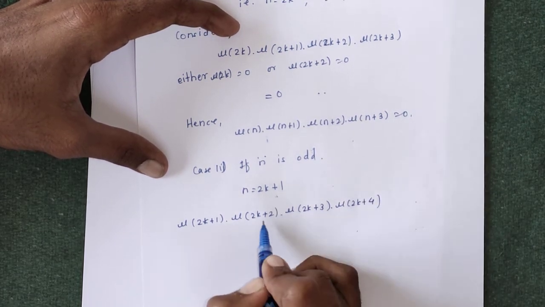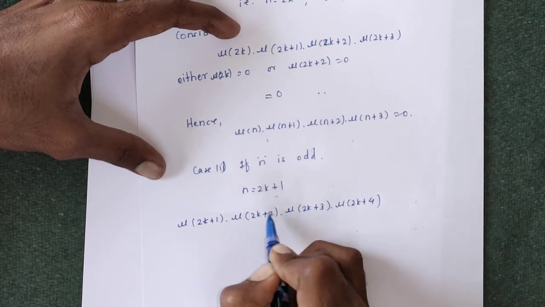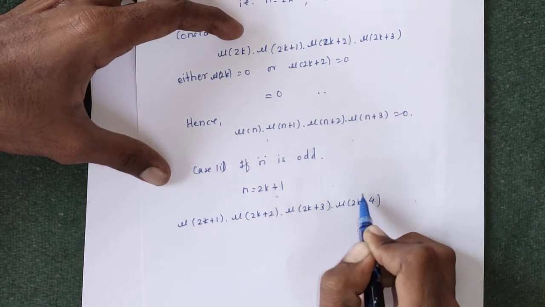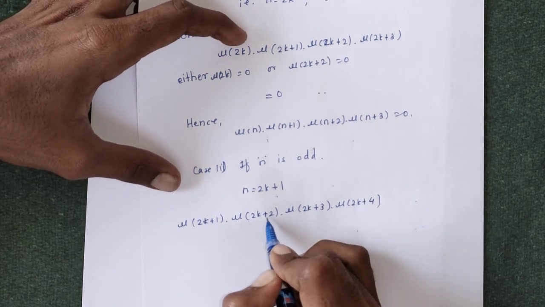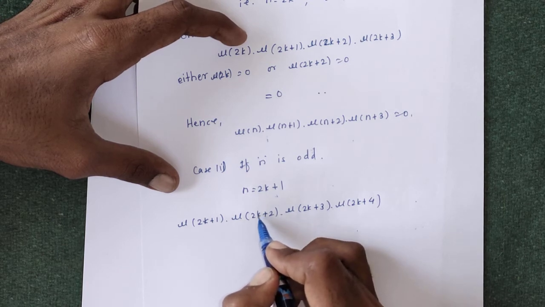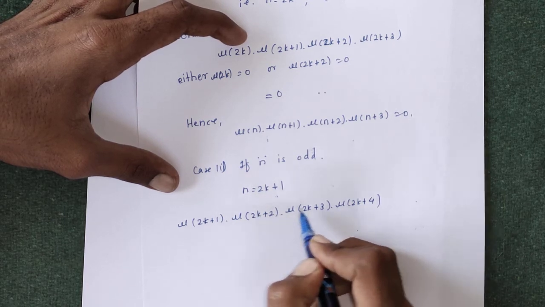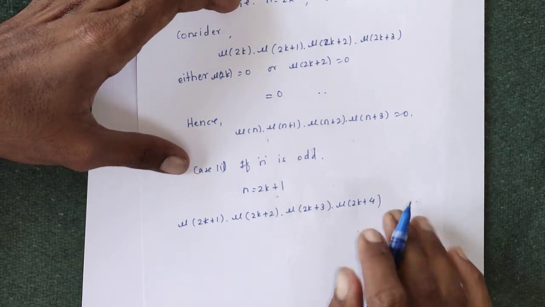Again, for any value of k, either mu of 2k plus 2 is equal to 0 or mu of 2k plus 4 is equal to 0. For k equal to 1, we get 2 plus 2 is 4, then mu of 4 is equal to 0. For k equal to 2, 4 plus 2 is 6, and 4 plus 4 is 8, so mu of 2k plus 4 will become 0.